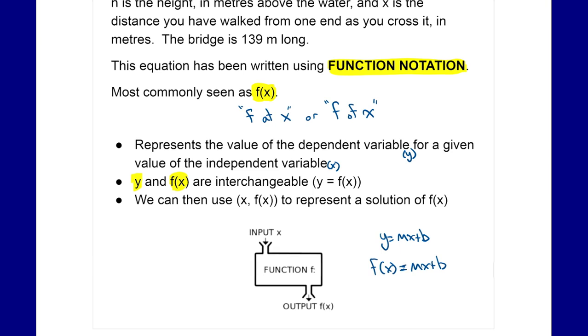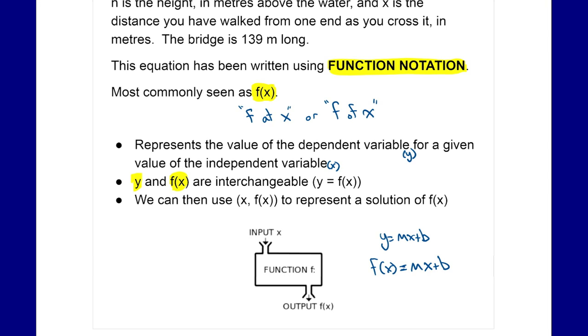It's essentially the same thing. It's still representing our function, the y value or the dependent variable. So it's just rewriting it in a different way, because we can use that to write out questions or simplify some of our scenarios or sentences.